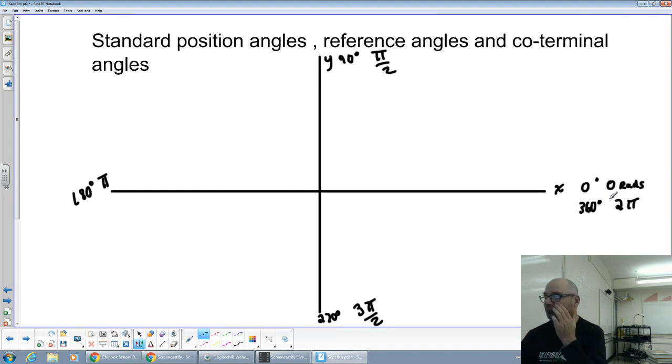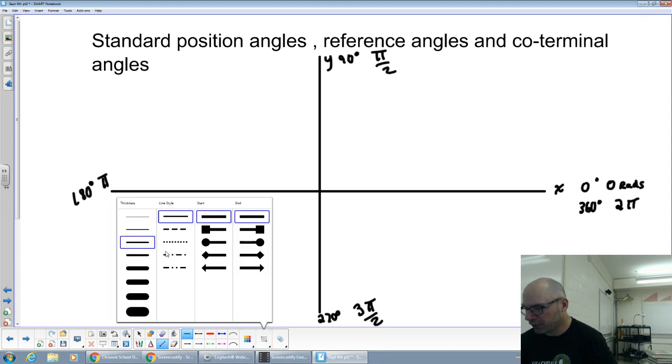Okay, so if you have any angle, let's use a different color here and an arrow to represent it. Let's make it thinner, and we'll just use a little arrow.